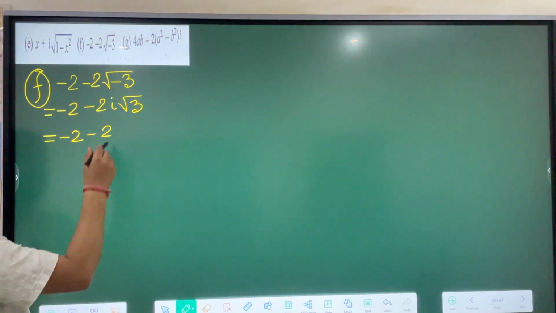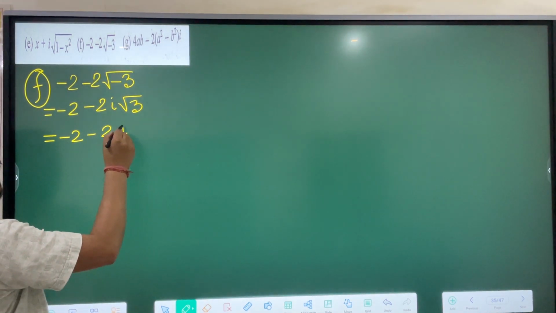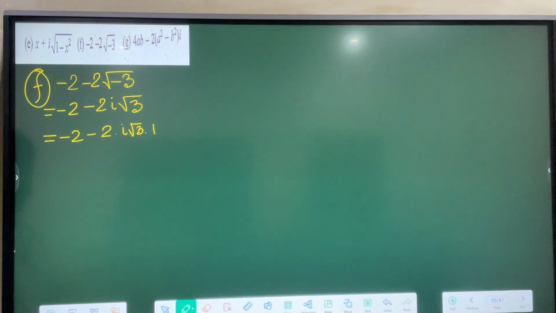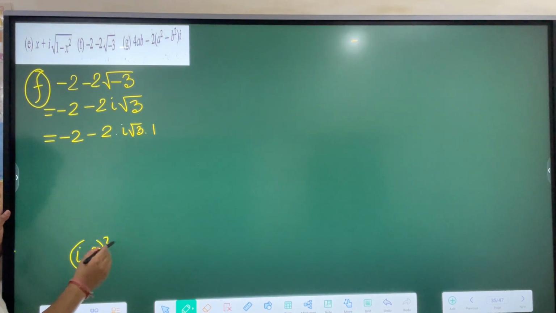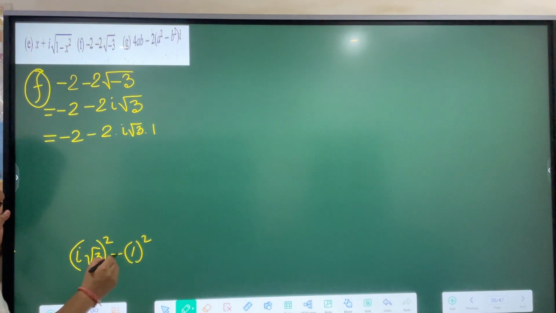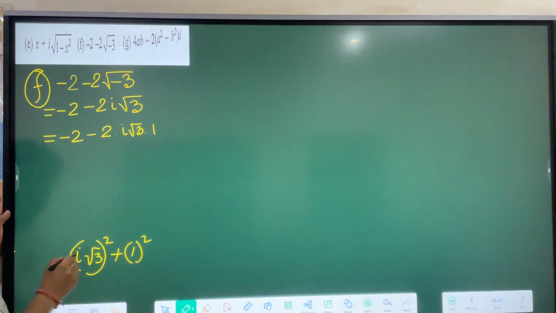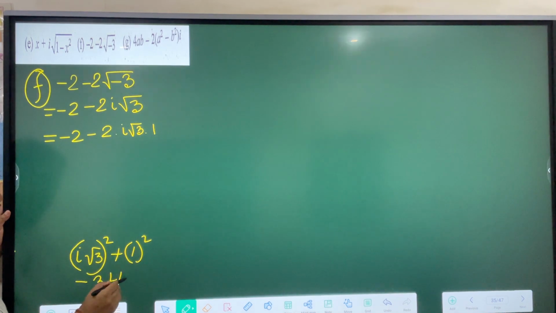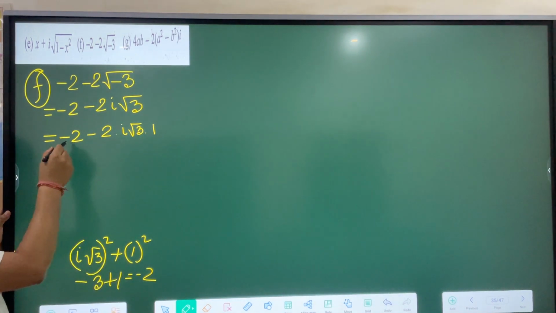Just now we did the calculation. 2 into i root 3 into 1. Let me show again. i root 3 and 1. This one a square plus b square. i square is minus 1, root 3 square is 3, 1 square is 1. How much? Minus 2.